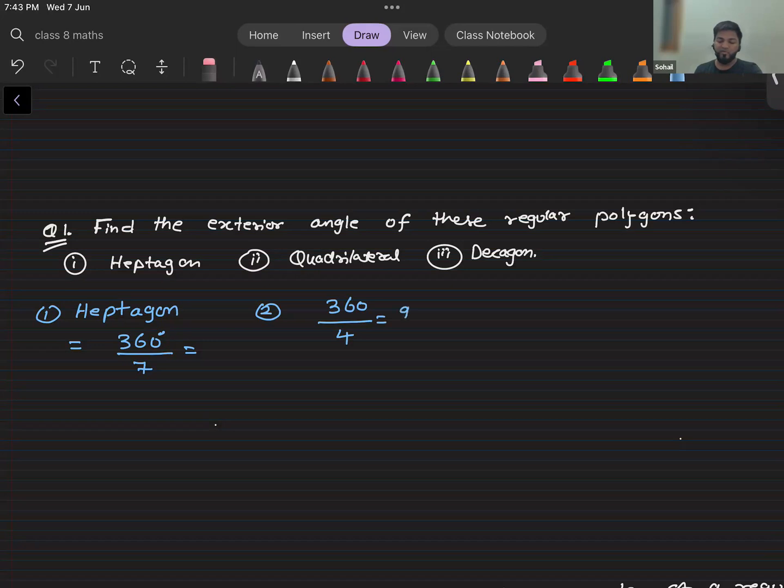That is going to give you how much? 90 degree. 90. Yeah. And what about a decagon? How many sides are there in a decagon? Yeah, Fatima, so that will be 36 degree. That will be 36 degree.